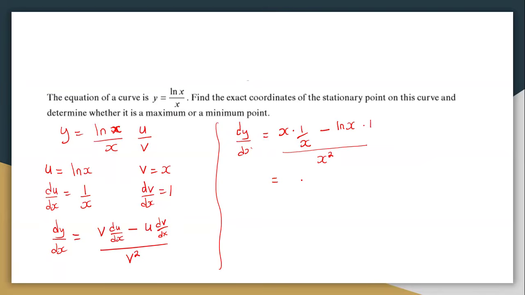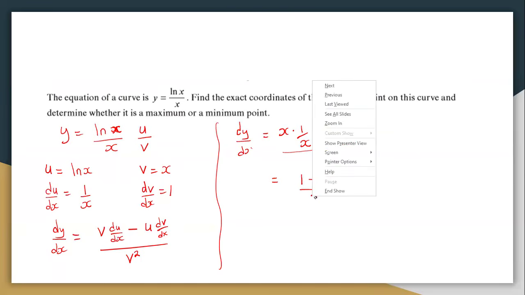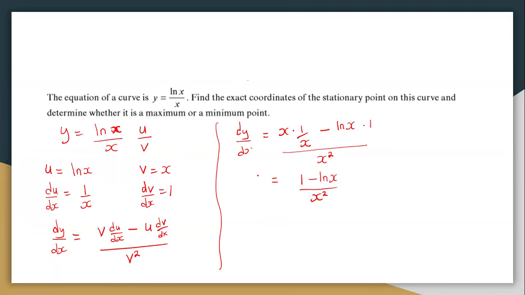Okay. It becomes 1 minus ln x over x squared.